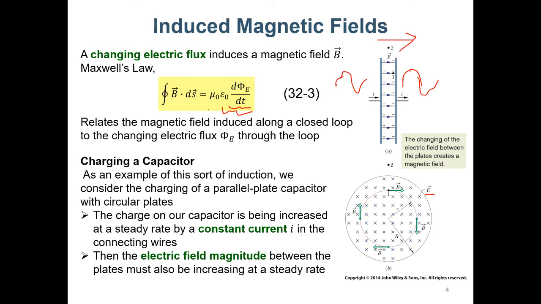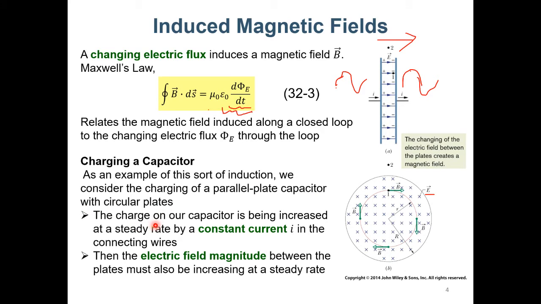So for the B field, use the right-hand rule, follow the direction of the B field, and then the E field is going inside. So here it mentioned, as an example, this sort of induction: we consider a parallel plate capacitor with circular plates.